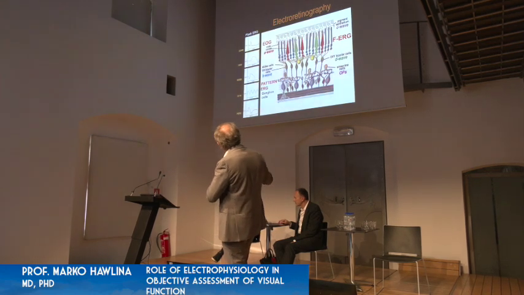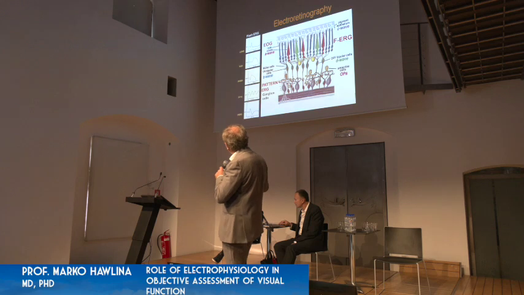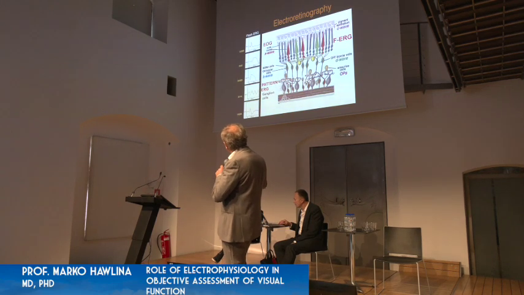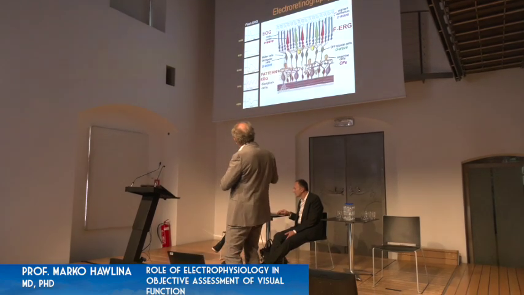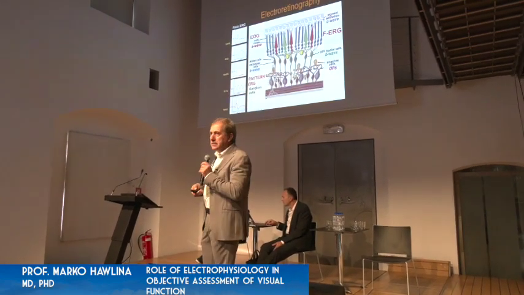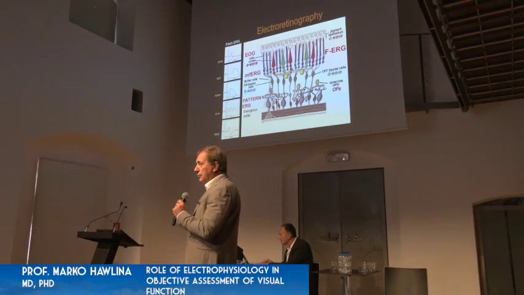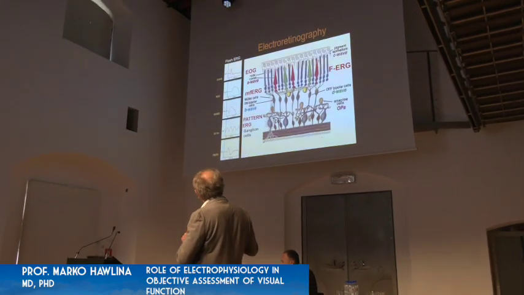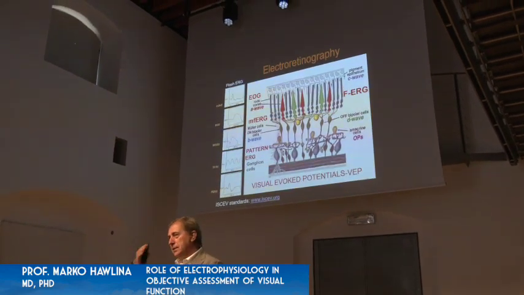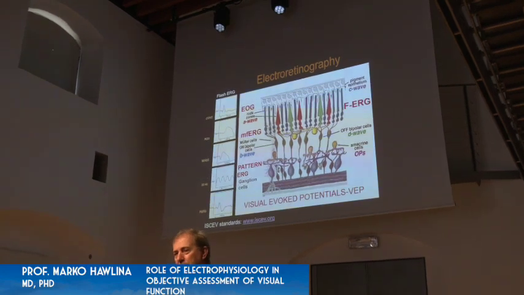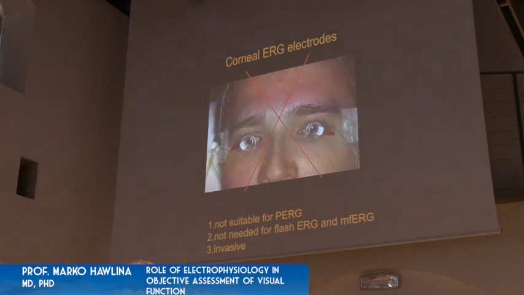So if you want information about photoreceptors, you will have cone and rod responses, and then mixed responses, and then 30 Hertz flicker, which only cones can follow, and then pattern ERG, which will give you the information of the ganglion cell layer, and then multifocal ERG, which will give you topographical function of the retina, and visual evoked potentials, which will give you the information whether or not the signal from the retina reached the brain and how fast this signal travels to the brain. And that's all been standardized.